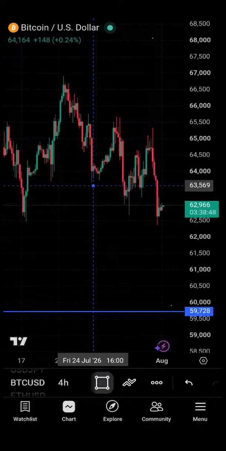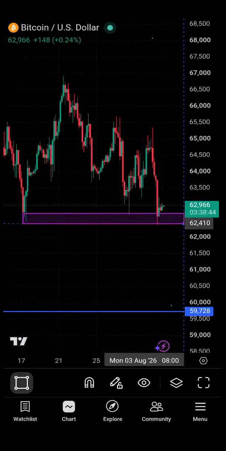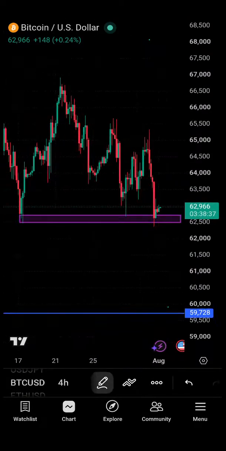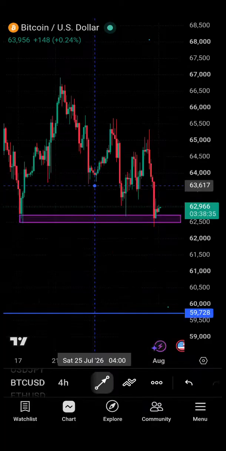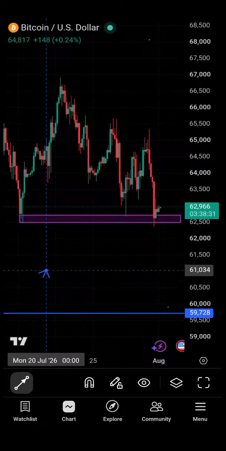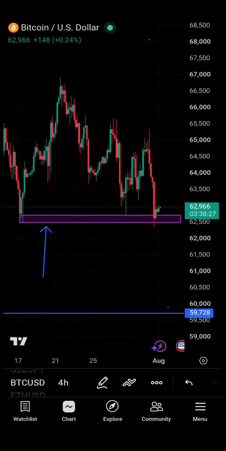But yeah, we are having this support level, which is a verified support, because you can see that whenever the market comes around this area, it pushes towards the upside.